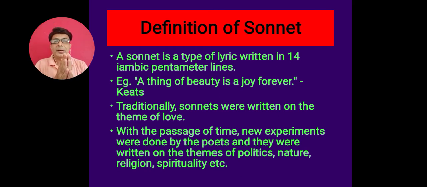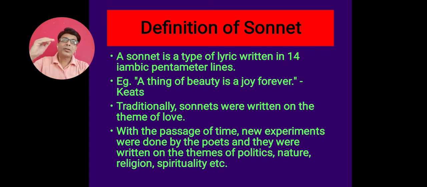Iambic pentameter means there are 5 iambs, that means there are 10 syllables in which we have a rising rhythm. The first syllable is unstressed, second stressed, third unstressed, fourth stressed. This is how we have a rising rhythm in iambic pentameter lines.